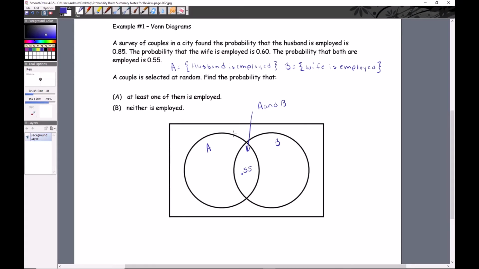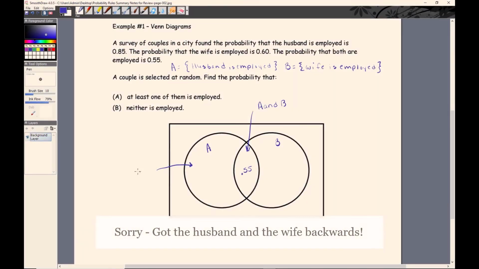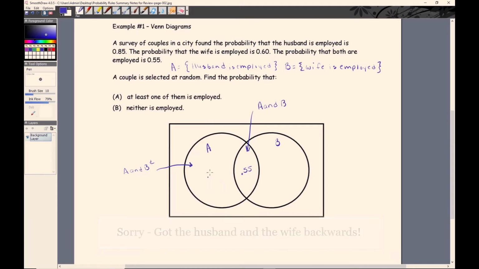If you look at this Pac-Man looking part, that's really where the wife is employed without the husband. So that's A complement and B. And the whole thing is A, whether it's with the husband or without. So the wife alone is just going to be the difference between 0.55 and 0.60, which is 0.05.